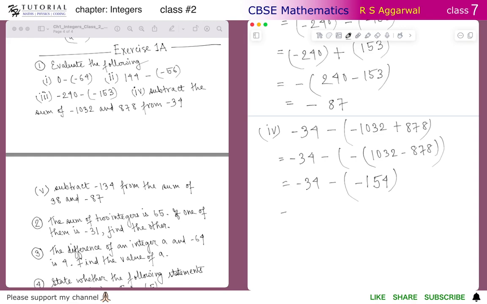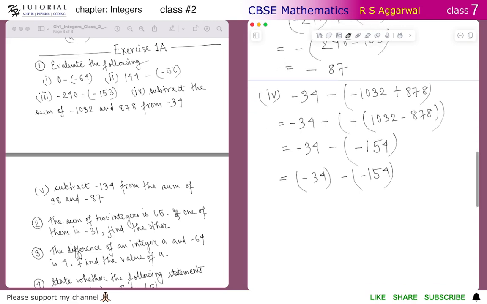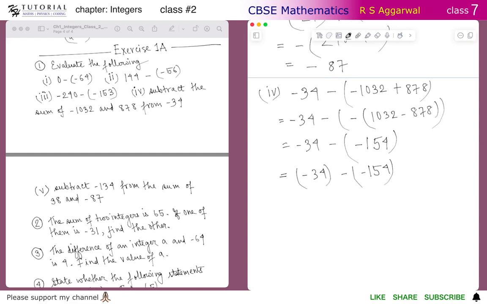So now we have to subtract minus 154 from minus 34. So this is basically minus 34 minus of minus 154. So what we do is we add the additive inverse of minus 154 to minus 34. The additive inverse of minus 154 is 154.